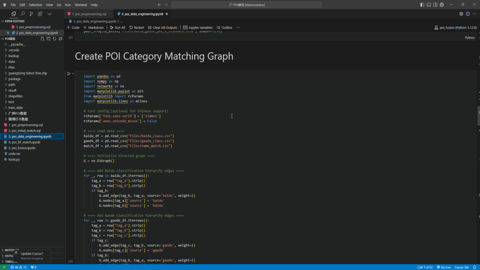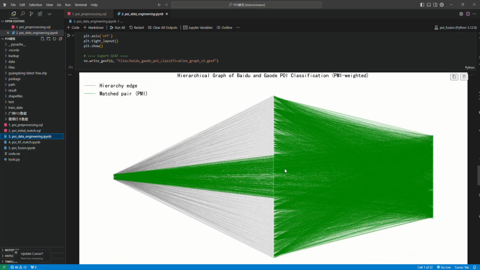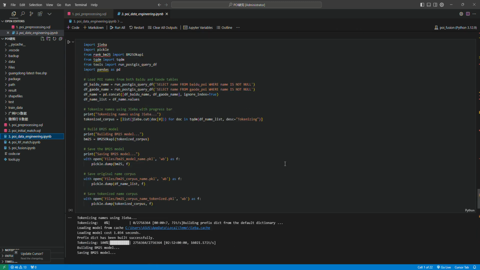And we then visualize these connections as a graph, where each green line is a bridge between two categories, and the number of steps in the graph serves as a measure of category distance. And we also calculate sparse vector similarity using the BM25 model.